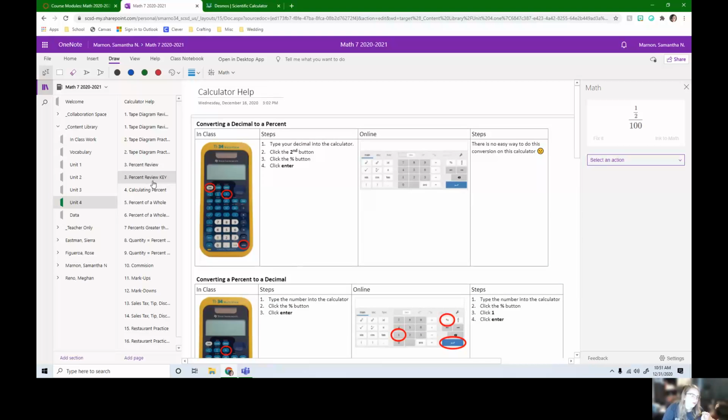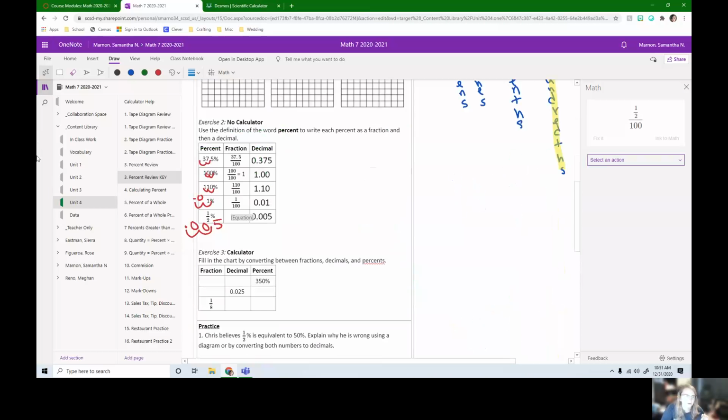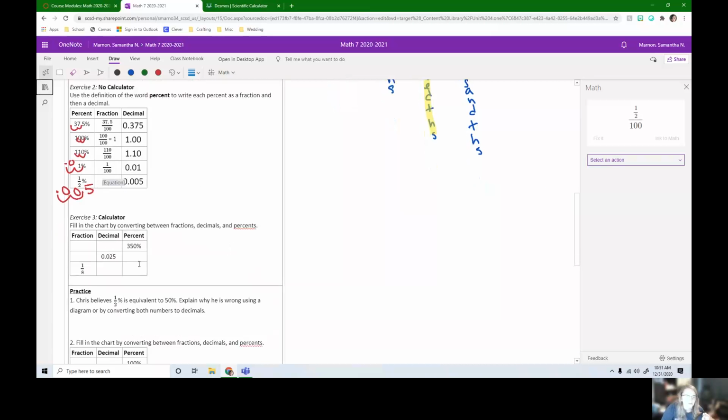But when we're doing this here online using our Desmos calculator, it's a little bit harder sometimes. So we need to change 350%. Let's do a decimal first. Maybe you saw this relationship and you know that you can move the decimal over 2 places.